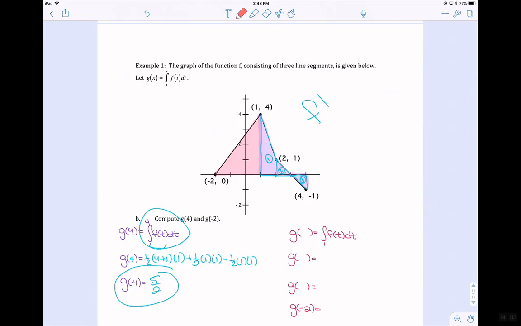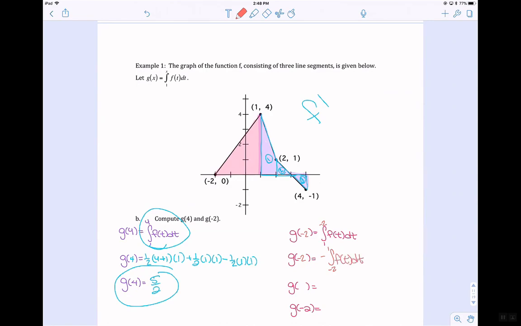Now, let's find g of negative 2. So I put negative 2 on the top. So g of negative 2, now what you notice is that my a value is bigger than my b value. So I need to flip and make that entire thing negative. So negative 2 on the bottom and 1 on the top, f of t dt.